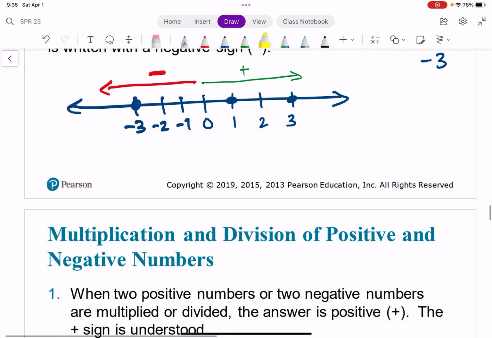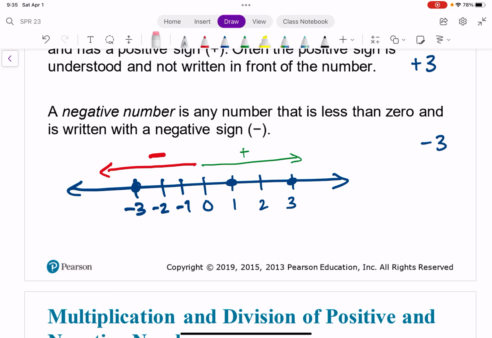So again, looking at the number line, if you start off at -1 and we add -1, so -1 plus -1, you're getting more negative. We're going from here to here, and we're ending up at -2.